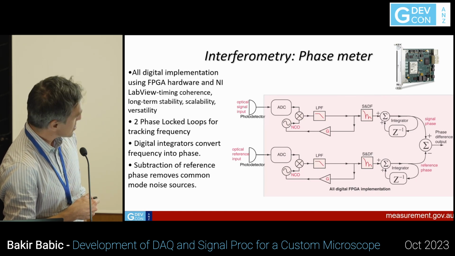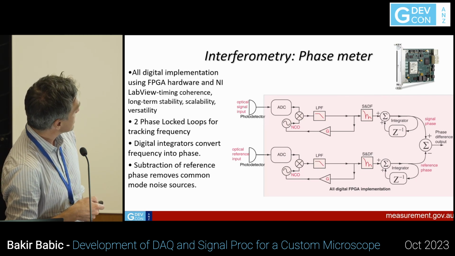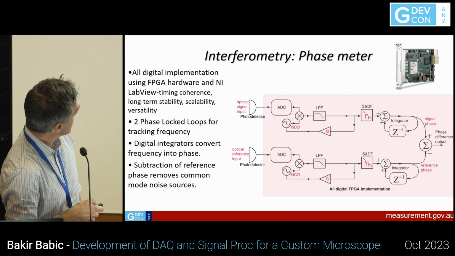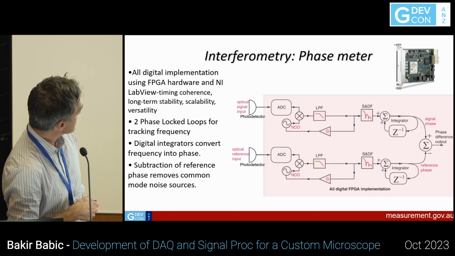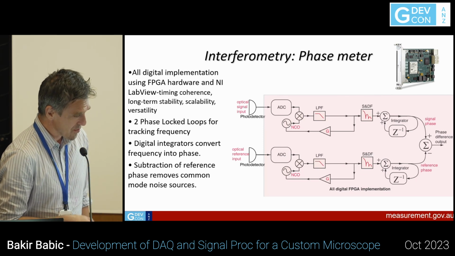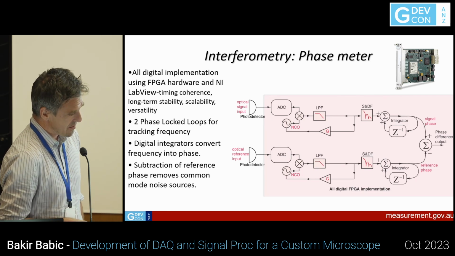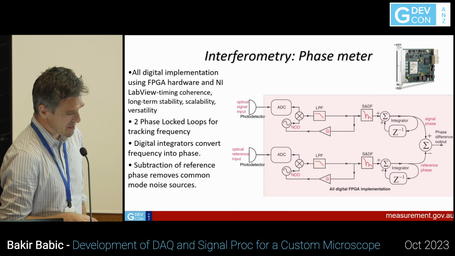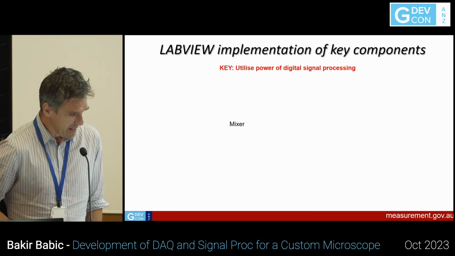Then you need digital integrators, as shown in this schematic. Then you need some filtering. And then at the end, you need to subtract the reference phase from your signal phase. And that also immensely improves the signal to noise ratio by reducing common mode noise sources.